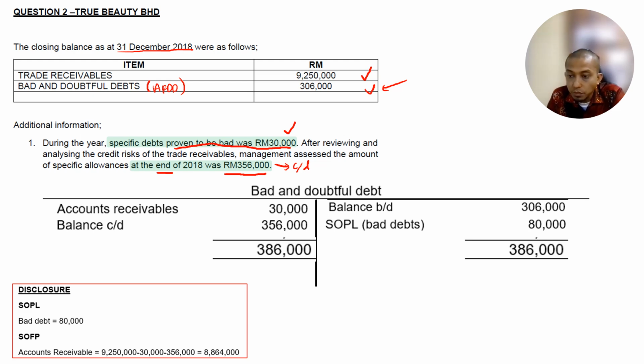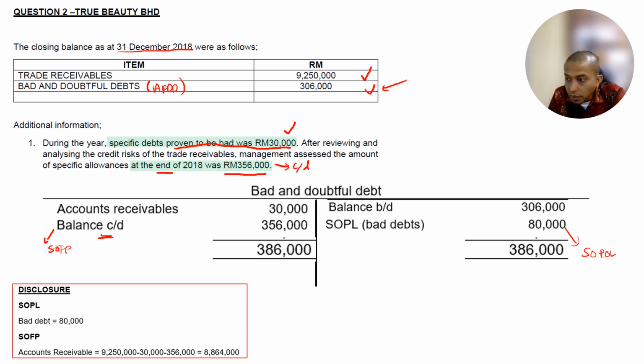And this is the extract of the statement of profit or loss and statement of financial position. You see, this one goes to the statement of profit or loss. Sorry, this one goes to the statement of financial position because it has a balance. This one goes to the statement of profit or loss.